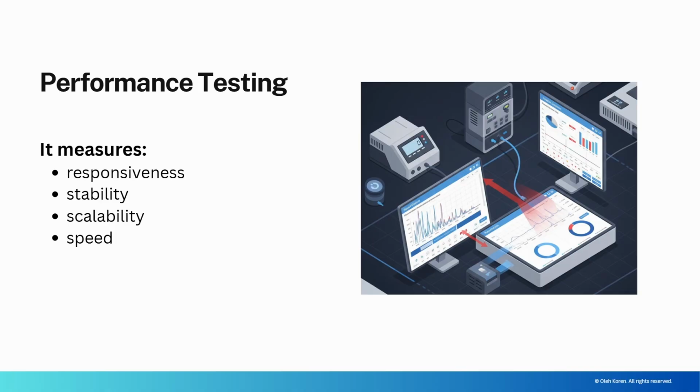So in performance testing, we zoom in on these four key areas. First one is responsiveness, second one is stability, third is scalability, and last is speed. Together, they give us a clear picture of how our system will actually feel to the end users.